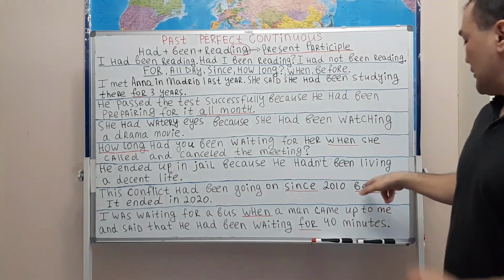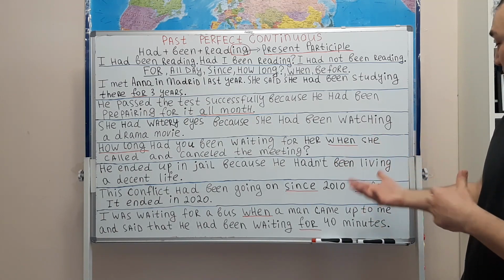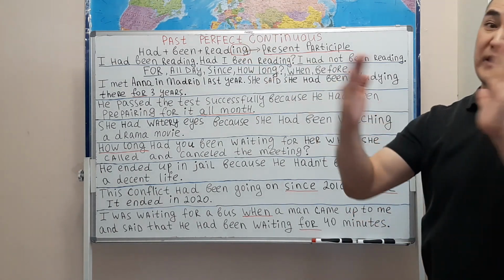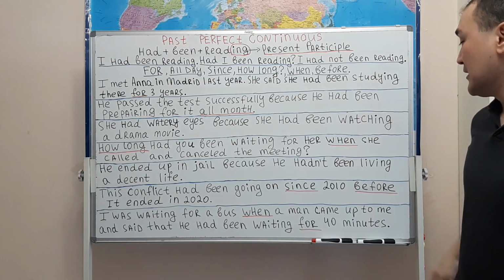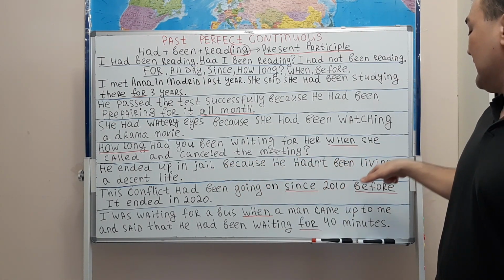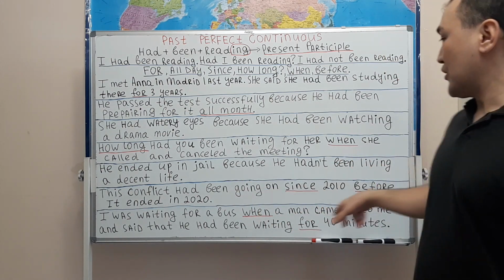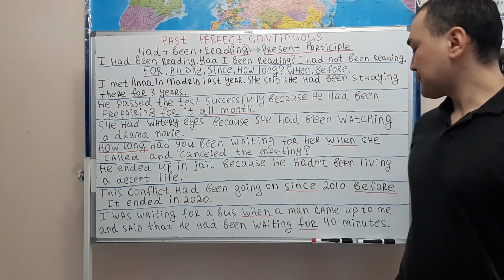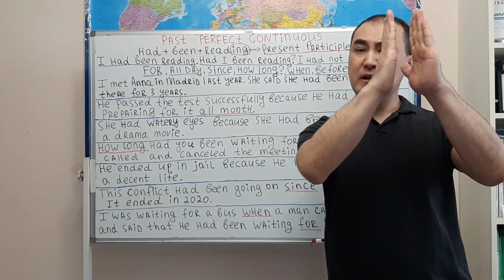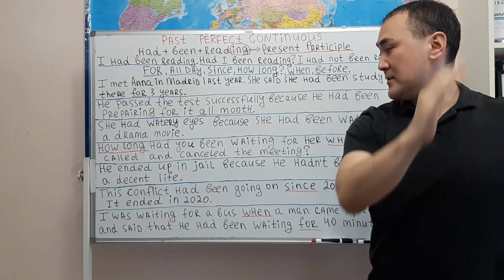So you see here, before and when basically mean the same. They stop the action in the past. So the conflict had been going on since 2010, before it ended in 2020.